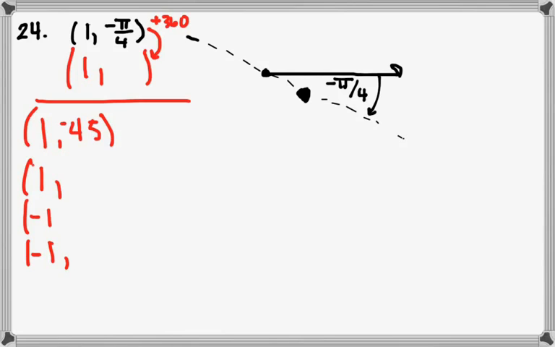What's negative 45 plus 360? It's 315 degrees. So if we look at our diagram, remember we start facing this direction. If I turn the other way and I go 315 degrees, so if I turn all the way around, 315 degrees, and I take one step forward, I'm at that location again. So that would be 315.